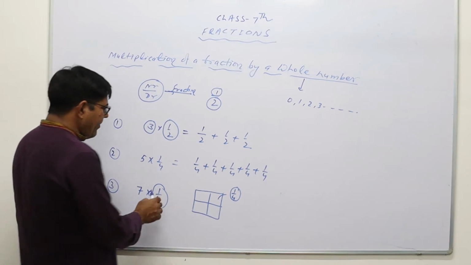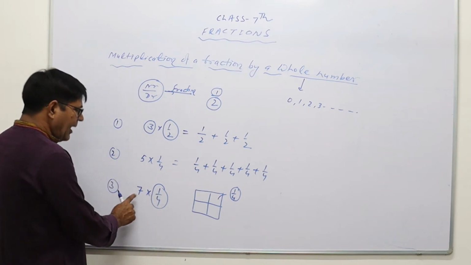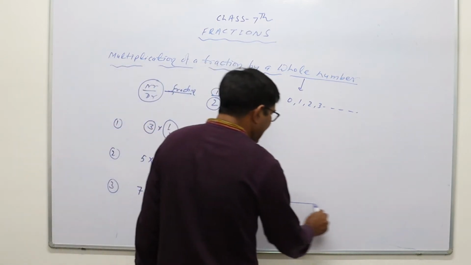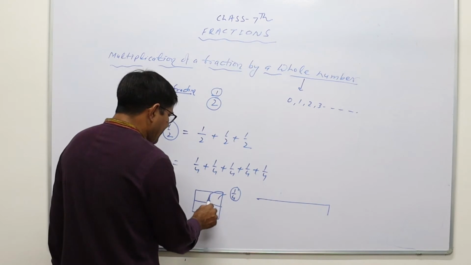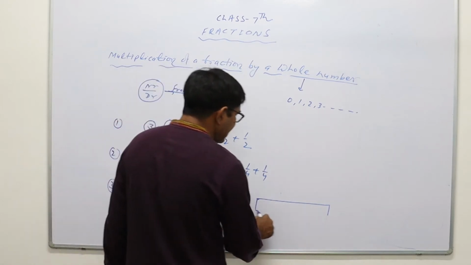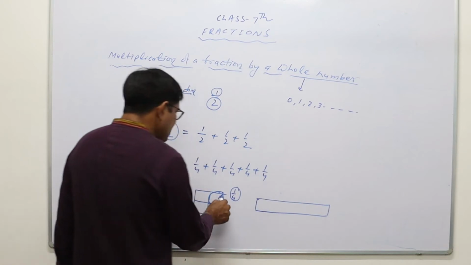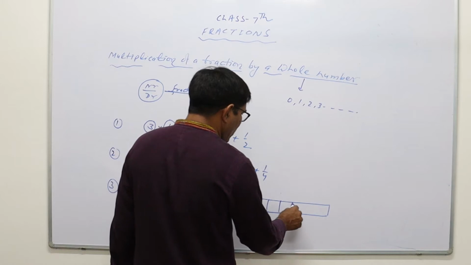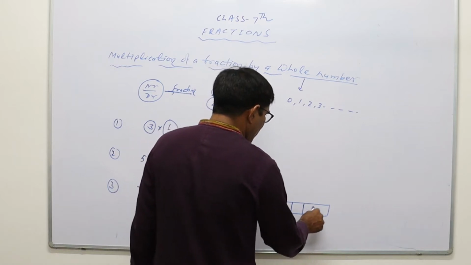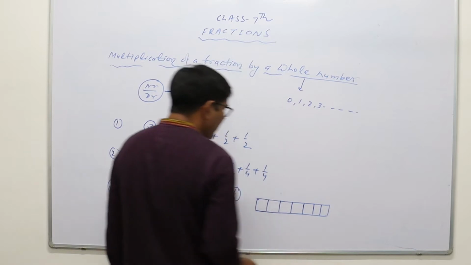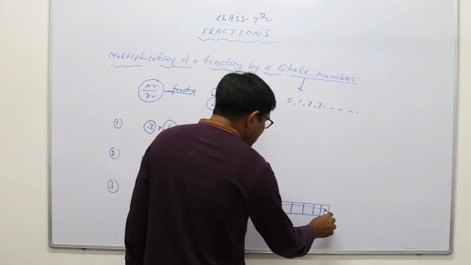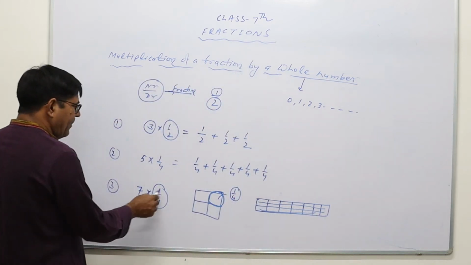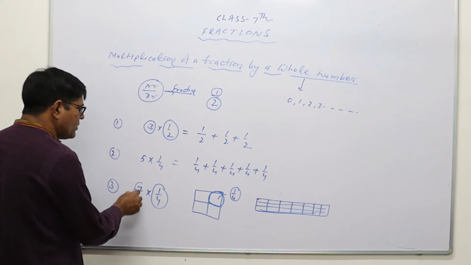Now, if we have to multiply 1 by 4 by 7, we have to add 7 such parts, each equal to 1 by 4: 1 by 4, 1 by 4, 1 by 4, 1 by 4, 1 by 4, 1 by 4 and 1 by 4. So, if we add all these parts, that is, we multiply 1 by 4 into 7.